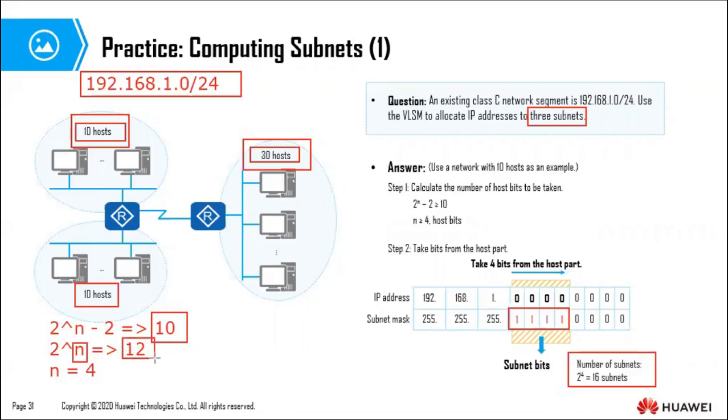We want to get equal to or greater than. But we won't waste so much, because now here we are going to get 2 raised to power 4 total addresses. 2 raised to power 4 is 16, right? Minus 2, you get 14. So if we have 10 hosts, then we are just wasting 4 addresses, compared to 234 that we would have wasted if we didn't subnet this address. Are we together? Yeah.